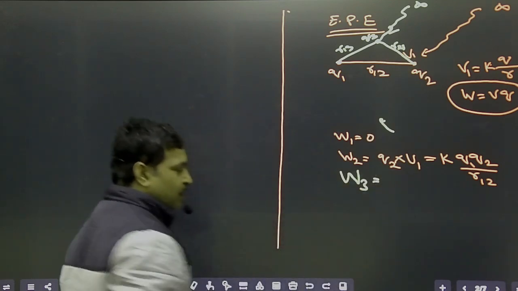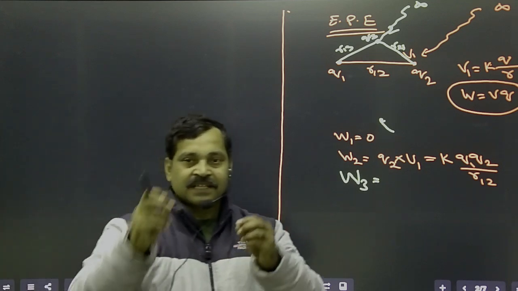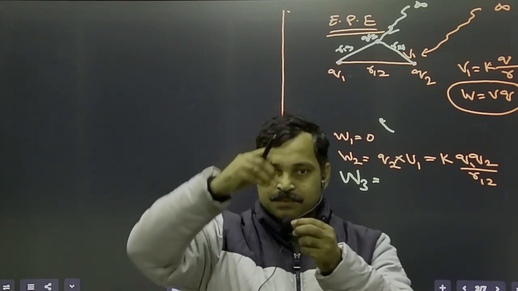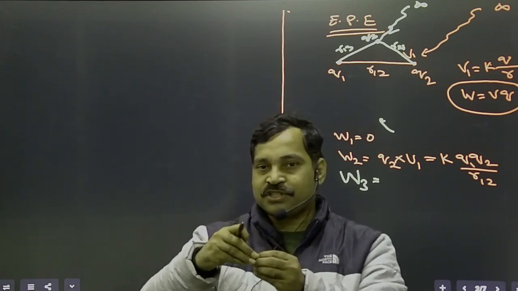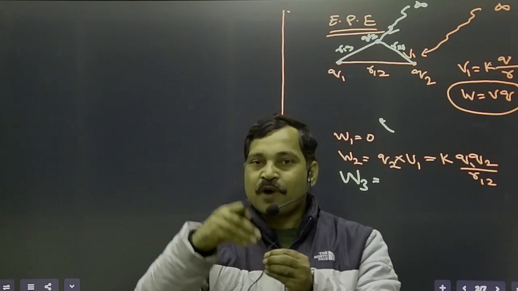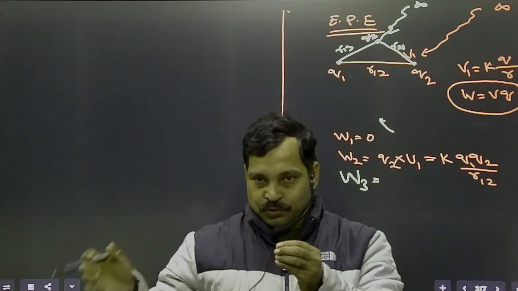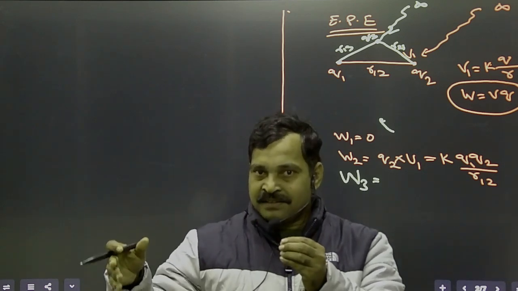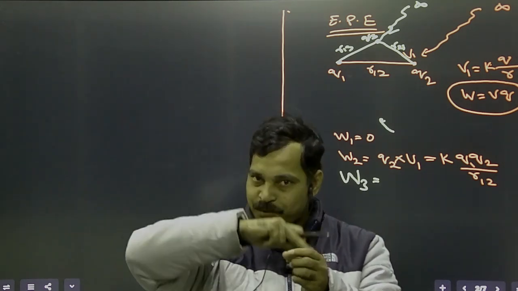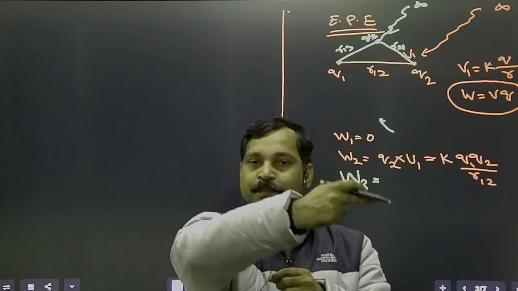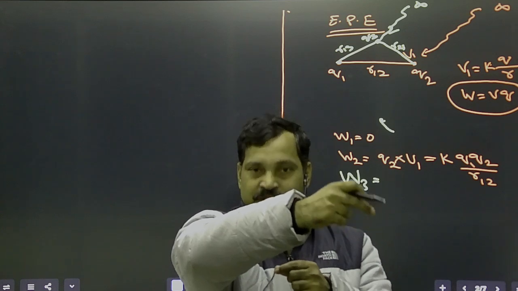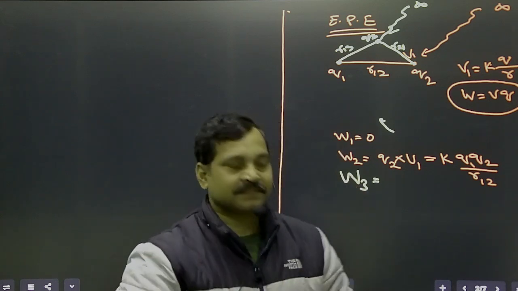Now you can understand here that when the charge q3 is brought to its final position, the work will be done against the potential due to the charge q1 at the point of q3, and also the potential due to q2 at the point of q3.